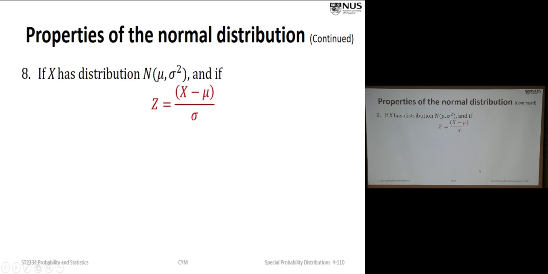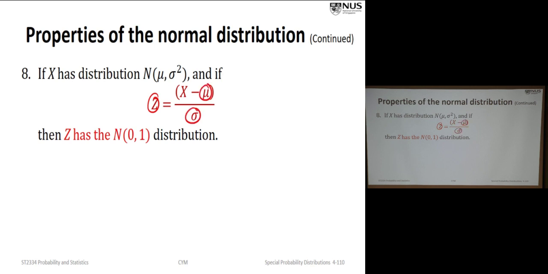Okay. Now this property is very, very useful. What we have here is what we call standardization. We try to link up this x, which follows normal mu, sigma squared. Then I take a transformation Z equals x minus the mean, divided by the standard deviation.